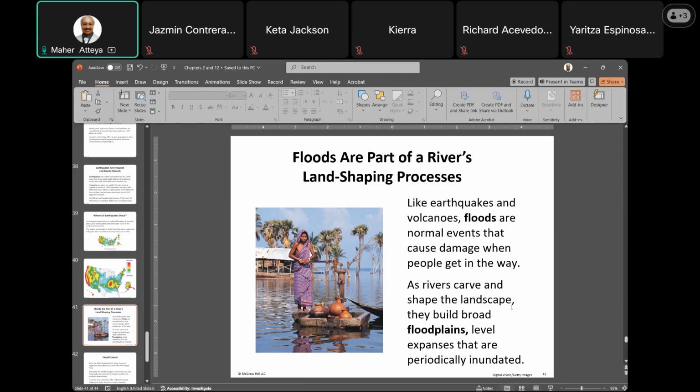As rivers carve and shape the landscape, they build broad floodplains, level expanses that are periodically inundated. If you look at this, floods, most of the time, are really negative to the environment.